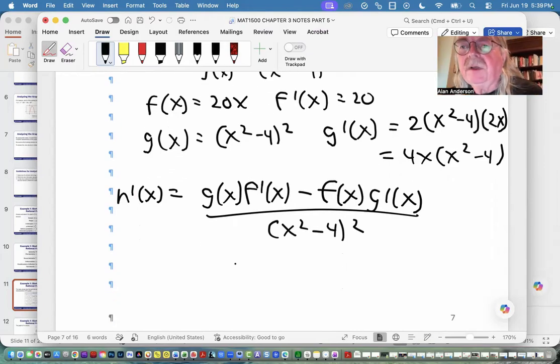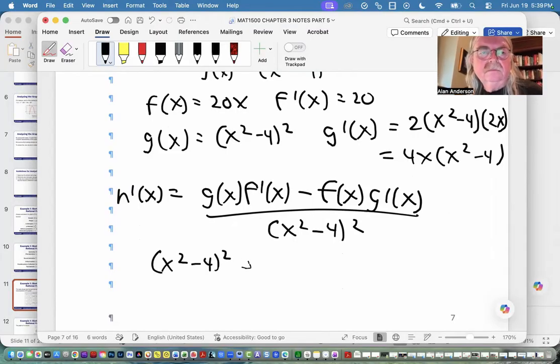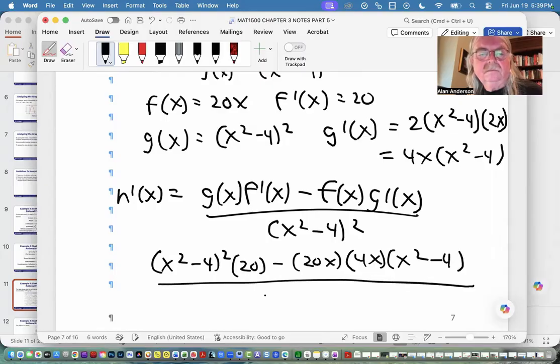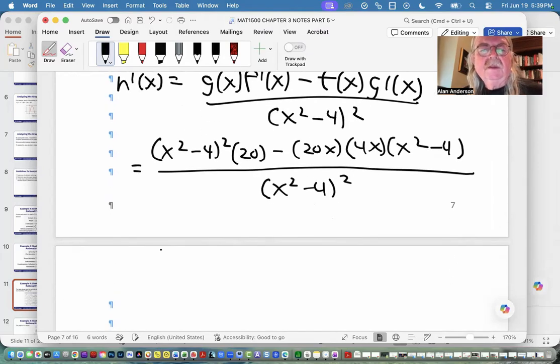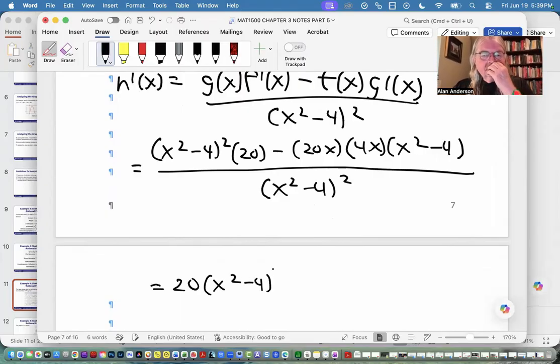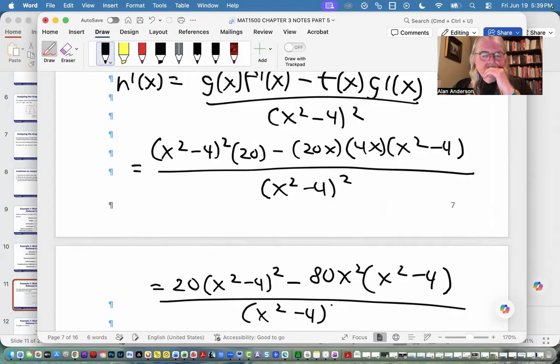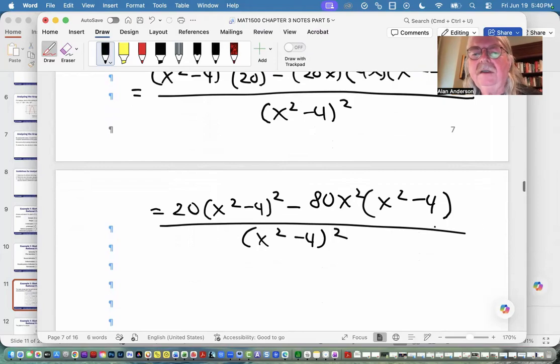Now, again, keep in mind that ultimately what we're going to do with this is set it equal to zero. All right. Well, we got a mess on our hands, but luckily this is our second derivative.